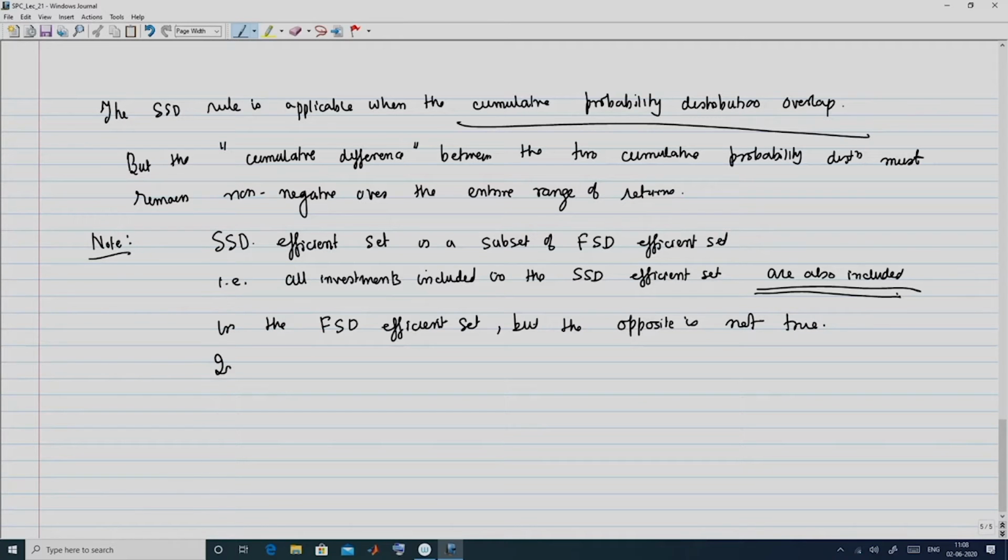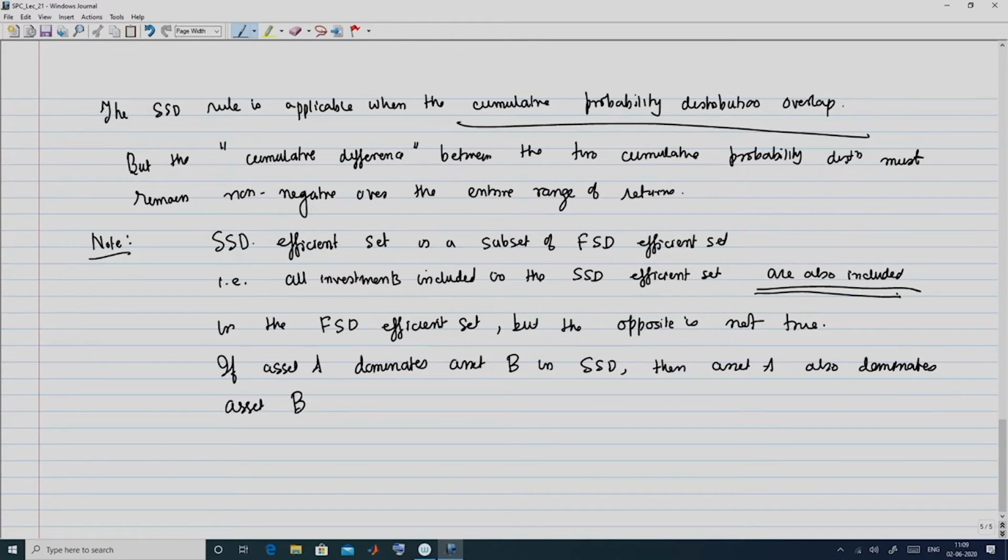So, in other words, if asset A dominates asset B in the sense of SSD, then asset A also dominates asset B in FSD.